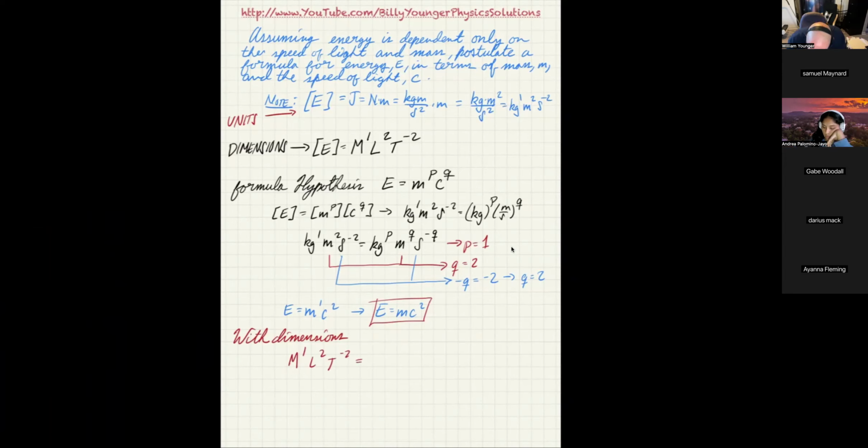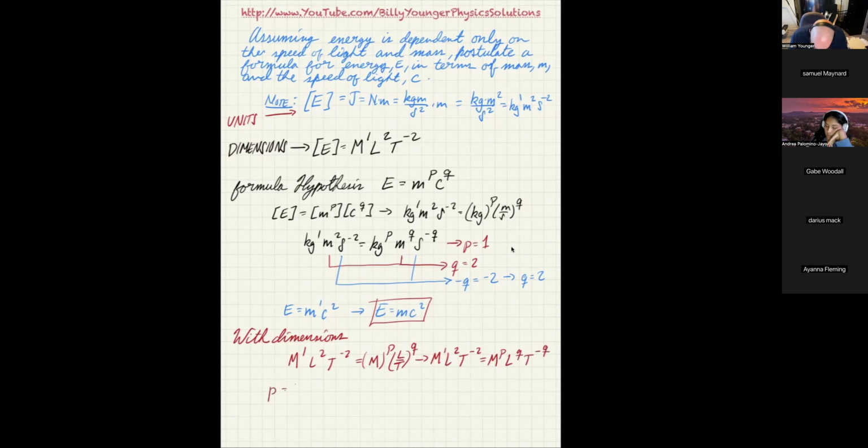And then on the right, we have M to the p power, and we have L over T, which is the dimensions for speed, raised to the q power. So that means M to the 1, L to the 2, T to the negative 2 is equal to M to the p, L to the q, and T to the negative q.